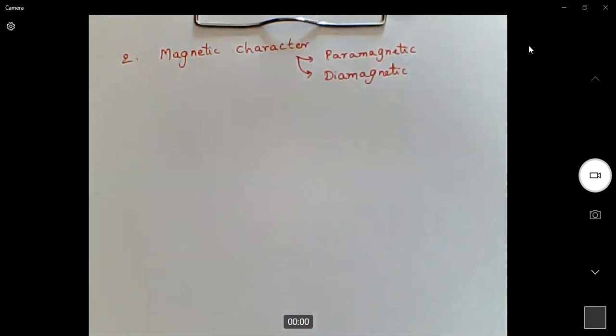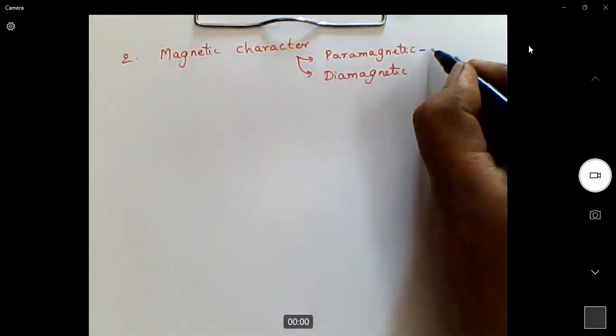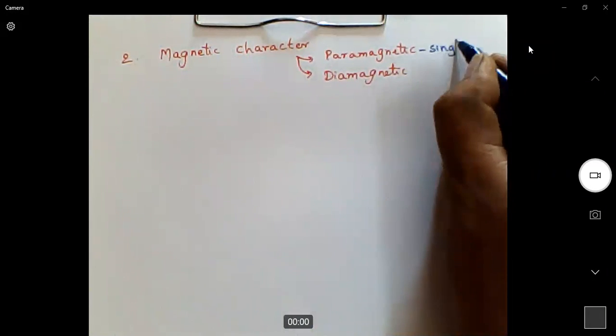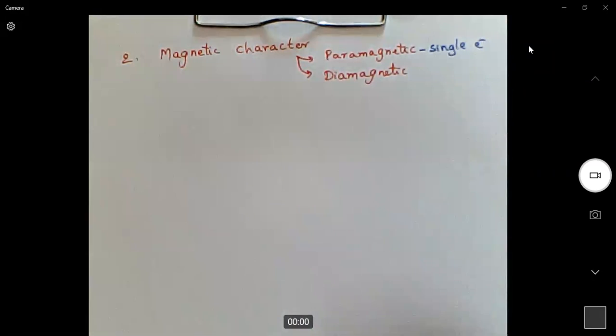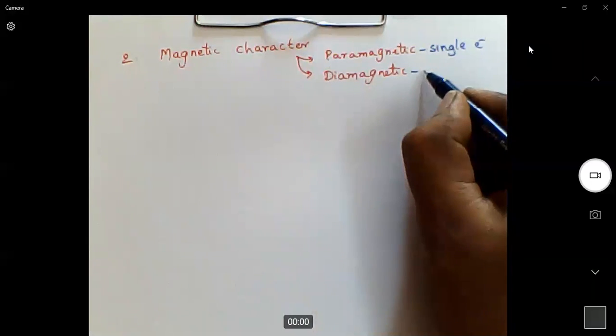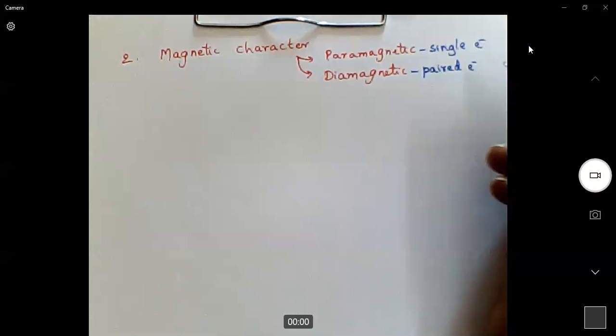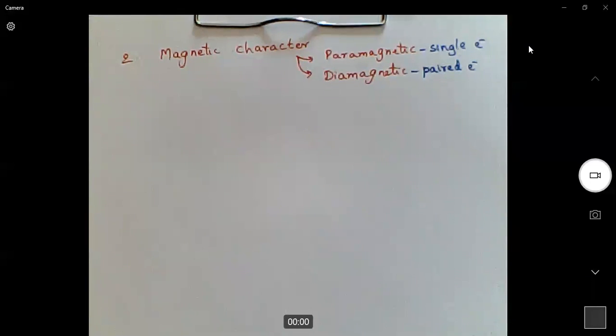What is a paramagnetic material? If the molecule has unpaired electrons, then it is said to be paramagnetic. If all the electrons are paired, then the molecule is diamagnetic.